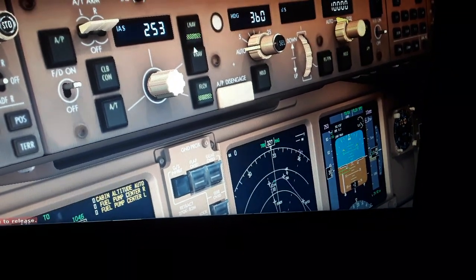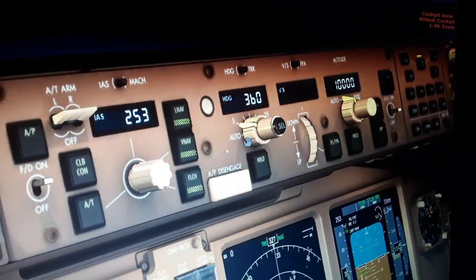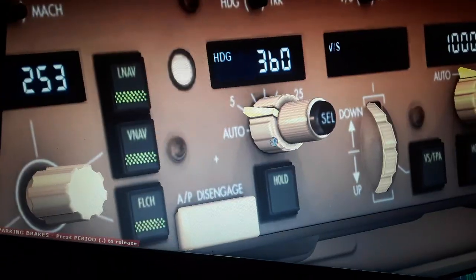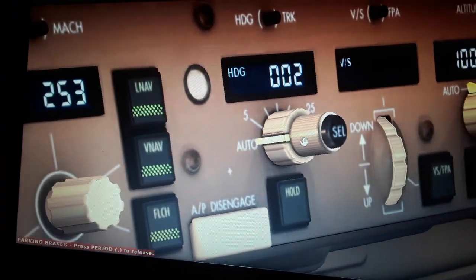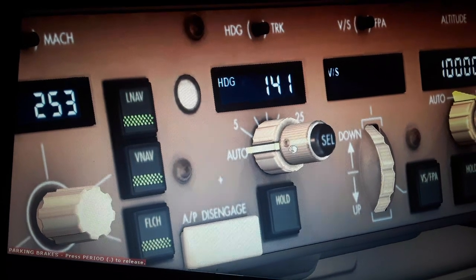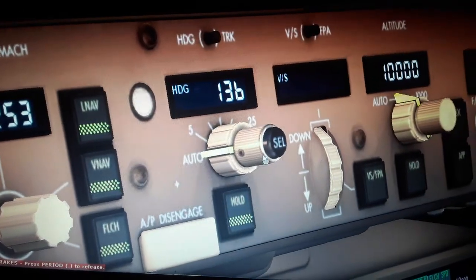We have the LNAV with the VNAV, the bank angle limit here, you can see. The heading also. Heading track, hold. So select this, select this.